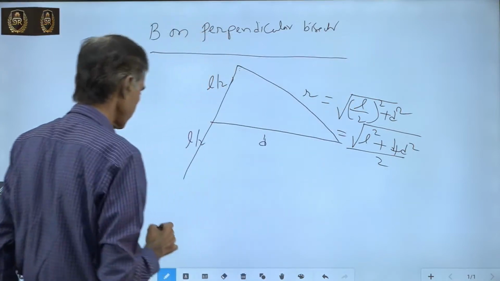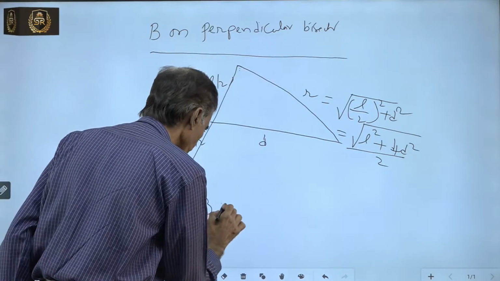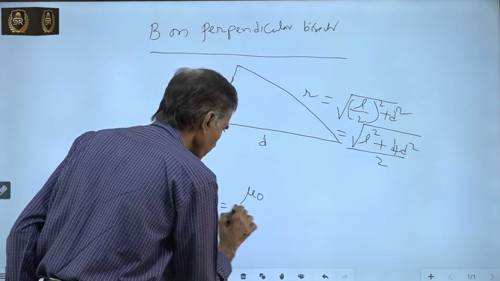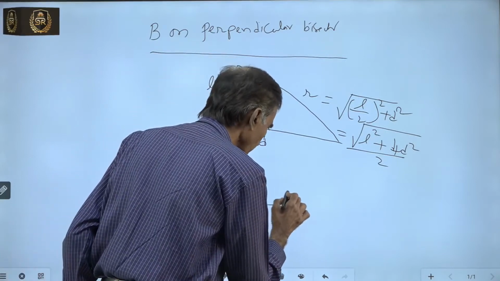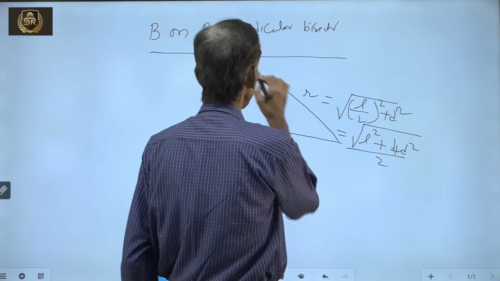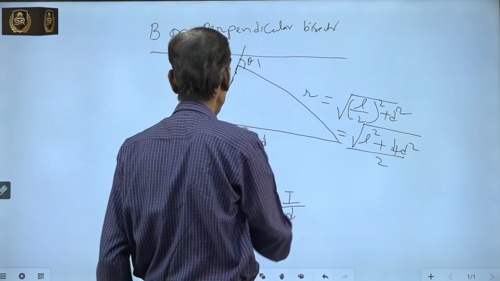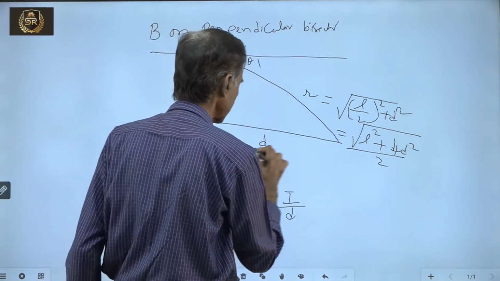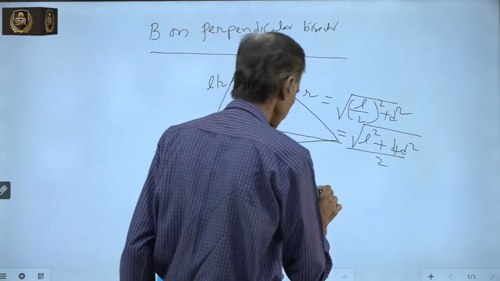Now, substitute that, then we get B is equal to mu naught by 4 pi into I by d. Now, cos theta 1 and cos theta 2 will be the same, because we are finding it on the perpendicular bisector. So, both are equal.